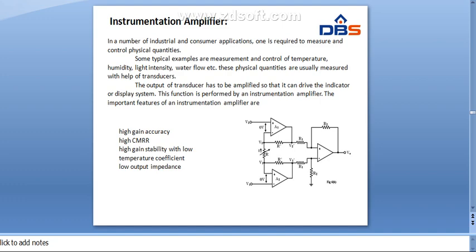So that's why the input impedance is high, the output impedance is low, and the gain can be easily adjusted with the help of the variable resistor without disturbing the circuit. So these are the advantages of the instrumentation amplifier.